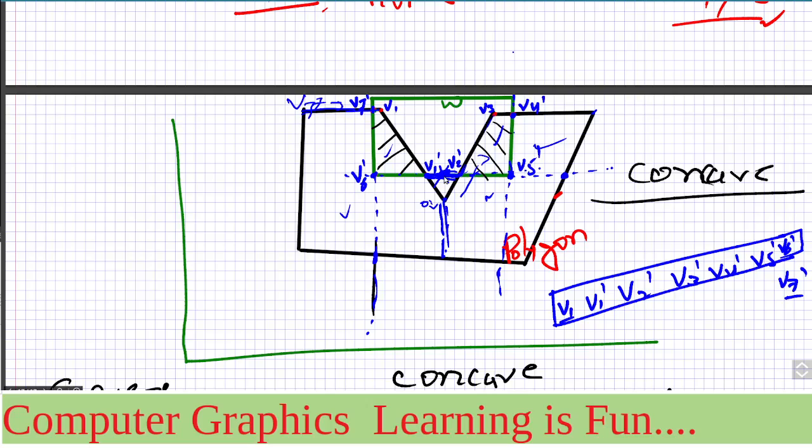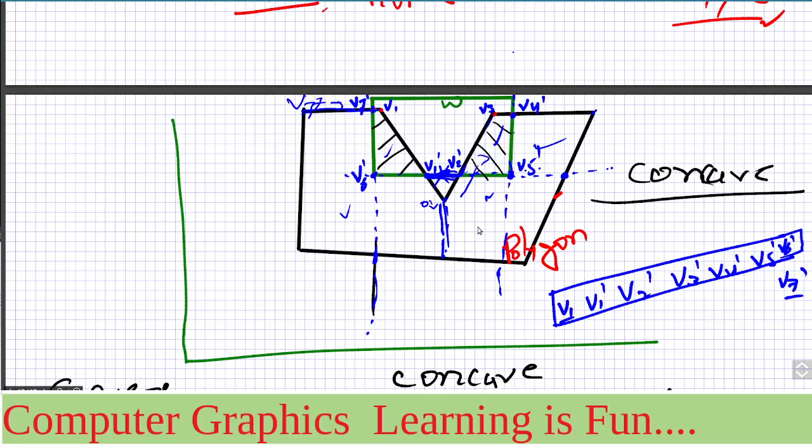So you can also make certain changes in the Sutherland-Hodgeman algorithm to detect such lines and not to include them, right? You can do this in some ways. One way was to split these concave polygons into two or more convex polygons and then apply your Sutherland-Hodgeman algorithm.